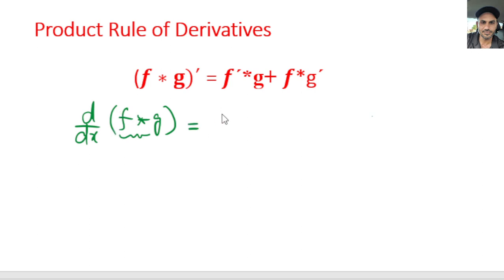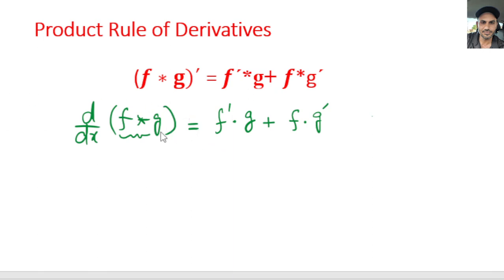So it's going to be the derivative of the first term in this expression times the second term, plus the first function in the expression times the derivative of the second term. Okay, so this is how we will solve for the derivative of a product of two functions.